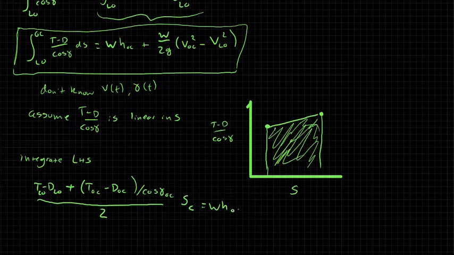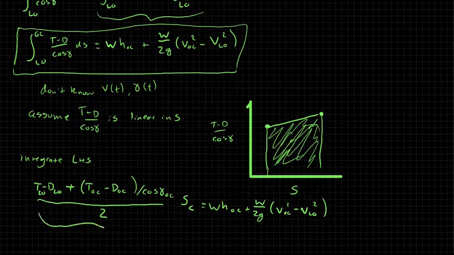So W H OC plus W over 2G times V OC squared minus V liftoff squared. And we're going to call this whole term here, without the S C, F bar sub C. So this is an average force, okay?